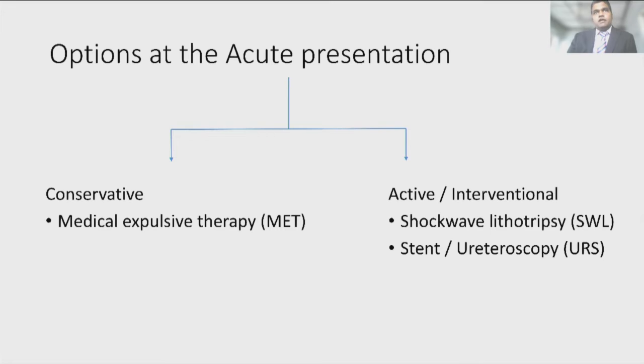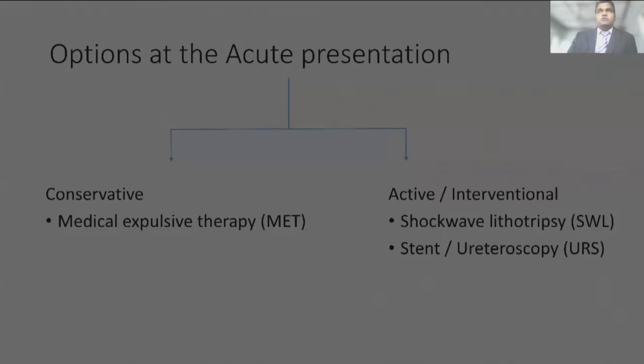Once you manage the acute presentation and the patient's pain has settled, we have to decide which option to select. It could be conservative, which includes medical expulsive therapy, or active intervention such as shockwave lithotripsy, stenting, or primary ureteroscopy with laser lithotripsy.